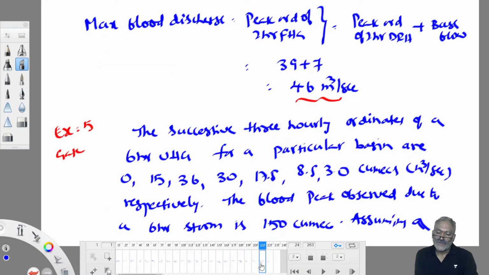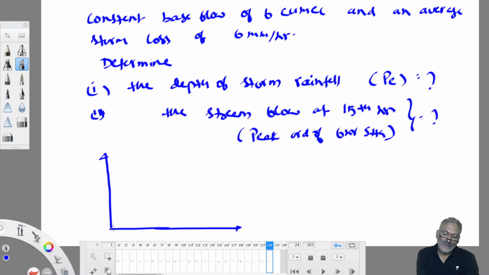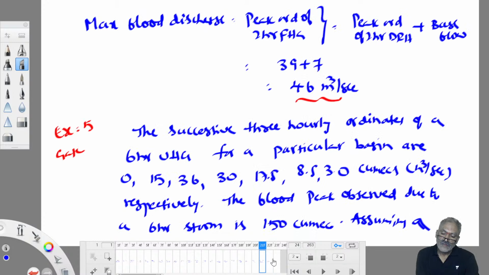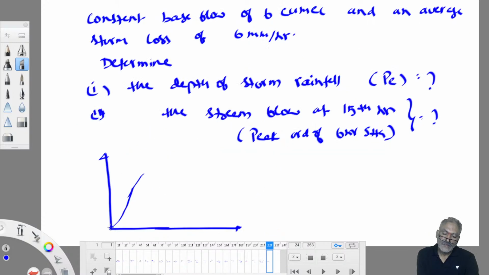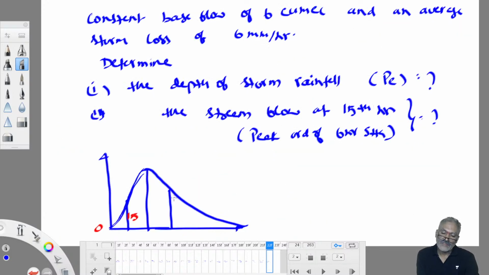In between: 15, 36, 30, 17.5, 8.5, 3. The hydrograph is like this. The first ordinate is 0, the second ordinate is 15, the third ordinate is 36, then 30, 17.5, 8.5, 3 and 0.